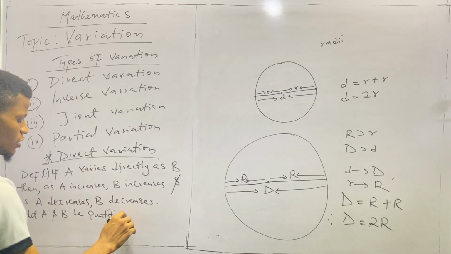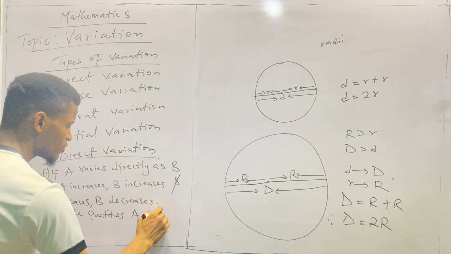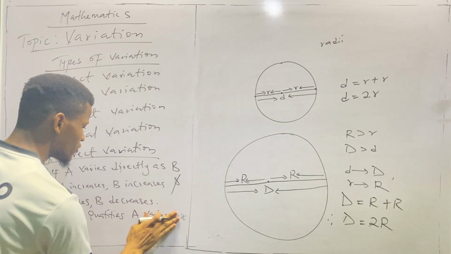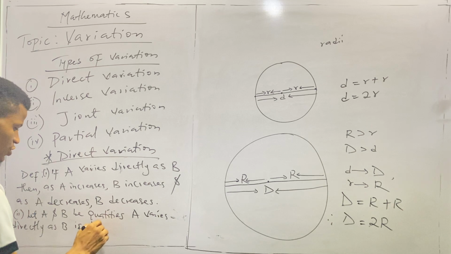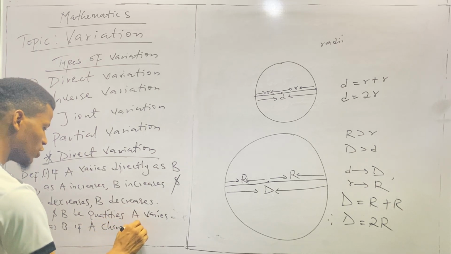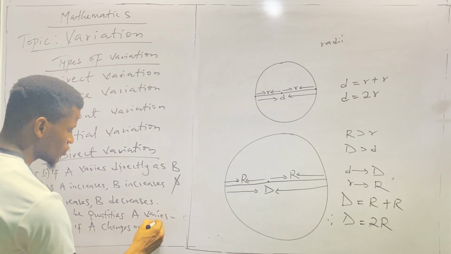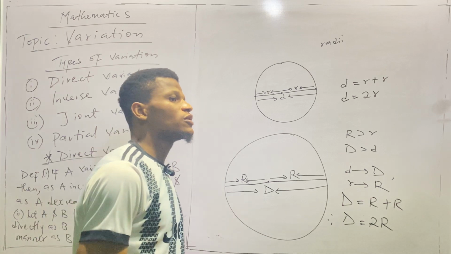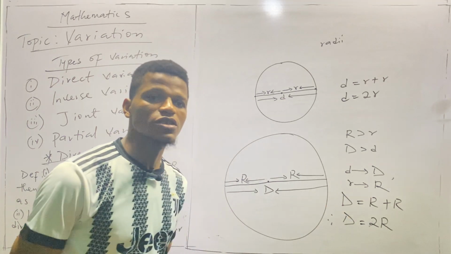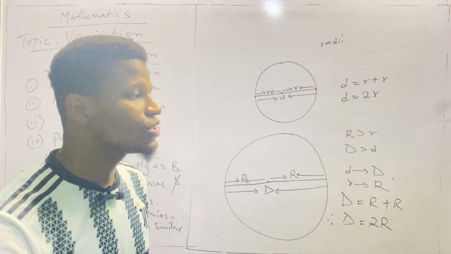A varies directly as B if A changes in a similar manner as B. So if A changes in a similar manner as B, that means if A is increasing, B is increasing. If A is decreasing, B is decreasing.